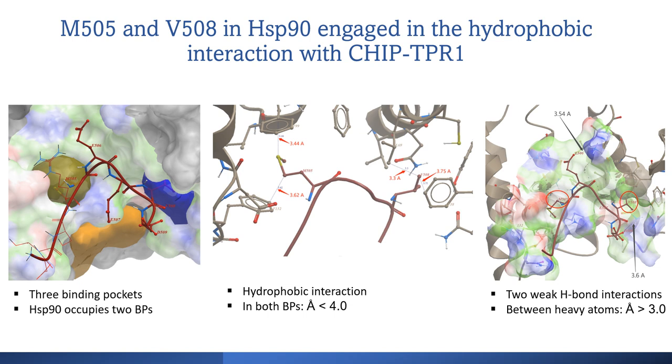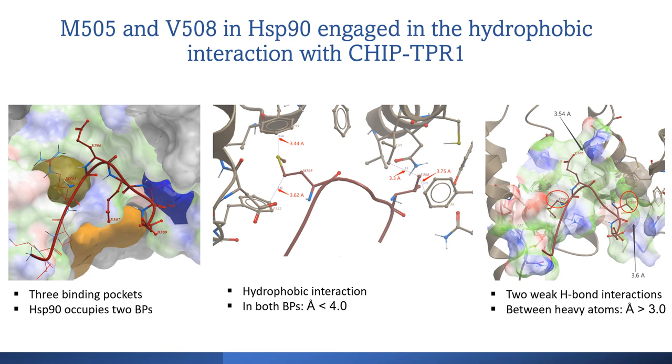In the analysis of protein-ligand interaction, HSP90 was found binding selectively to the CHIP TPR1. Although there are 3 binding pockets identified in the CHIP TPR1, HSP90 interacts with only 2 of the 3 binding pockets.